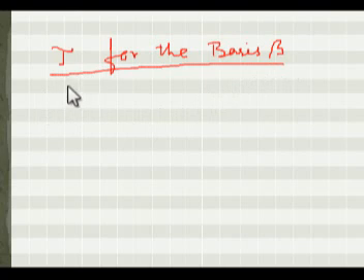How can we prove it? Here we can very easily prove that tau is a topology for the basis beta.